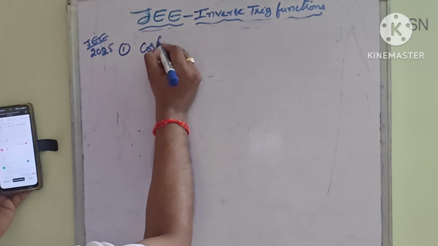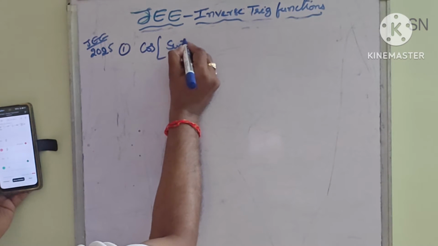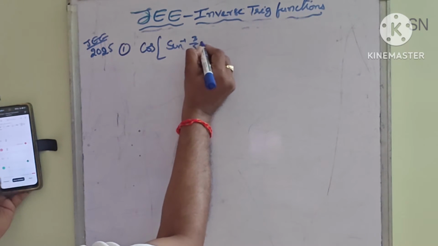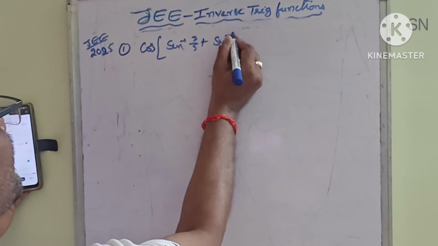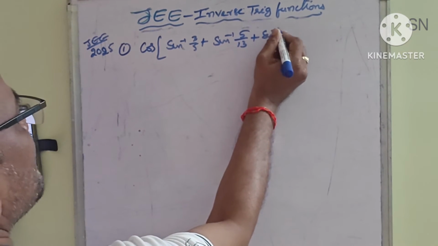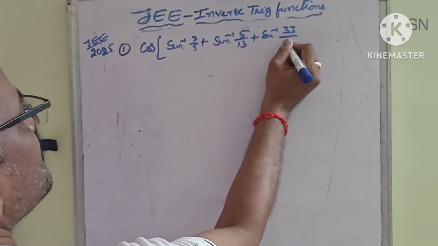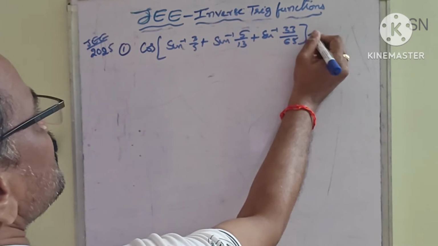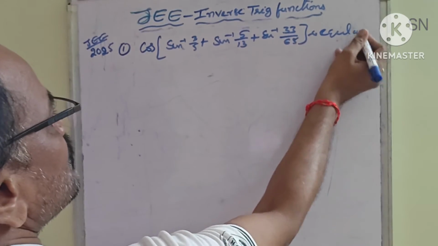Now cos of sin inverse 3 by 5 plus sin inverse 5 by 13 plus sin inverse 33 by 65 is equal to.